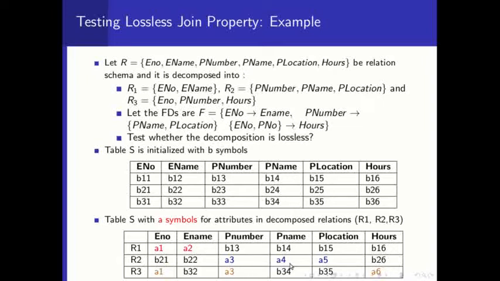Now corresponding to the Y, one row has A4 and the other row has A5. These two symbols are to be copied, because these are the two rows where the A symbols in X are the same. Then B34 as well as B35 are to be replaced with A4 as well as A5. And similarly for the others, if such a change is required, then we have to change.